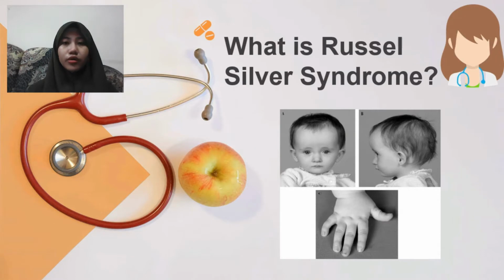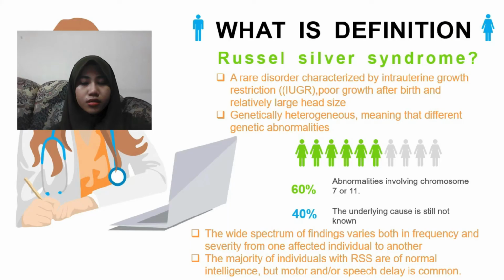So, what do you think is Russell-Silver syndrome in children? Let's go find out. What is the definition of Russell-Silver syndrome? It is a rare disorder characterized by intrauterine growth restriction, or IUGR, poor growth after birth, and relatively large head size.